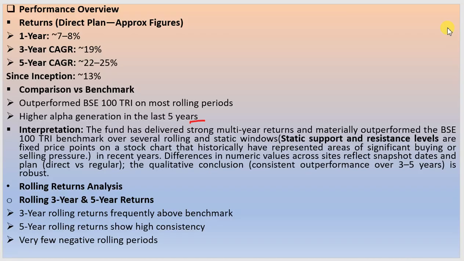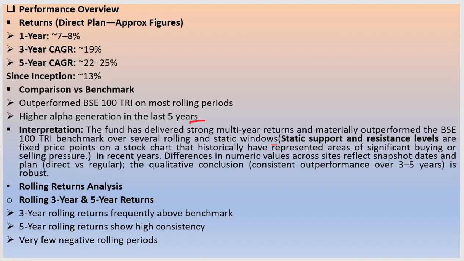Now these are interpreted as follows. The fund has delivered strong multi-year returns and materially outperformed the BSE 100 TRI benchmark over several rolling and static windows. What are static windows?